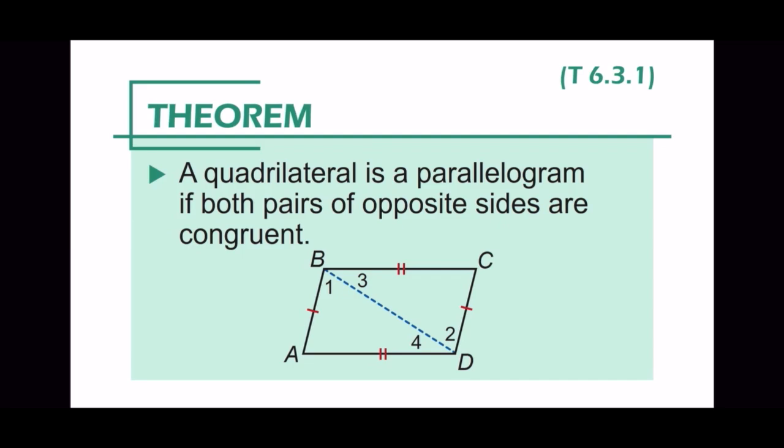Notice that BD functions as a transversal, with angles 1 and 2 being alternate interior angles. Angles 3 and 4 are likewise congruent corresponding angles, and as alternate interior angles, they help to prove that sides BC and AD are parallel. Consequently, with both pairs of opposite sides parallel, ABCD is a parallelogram.